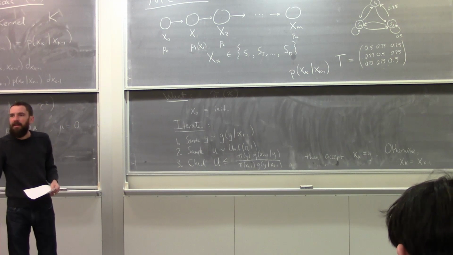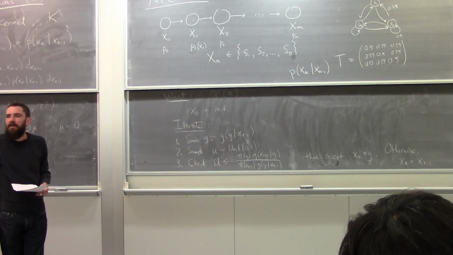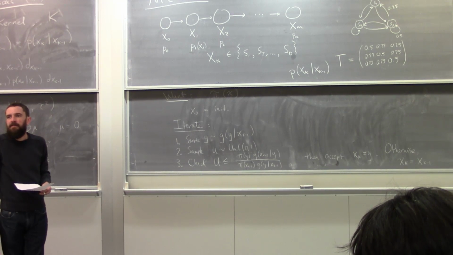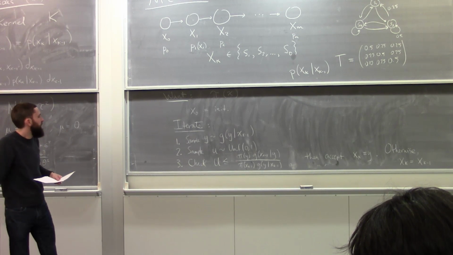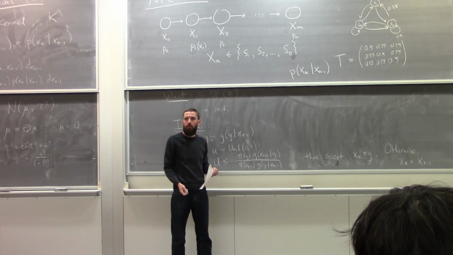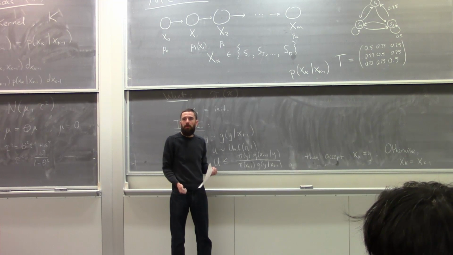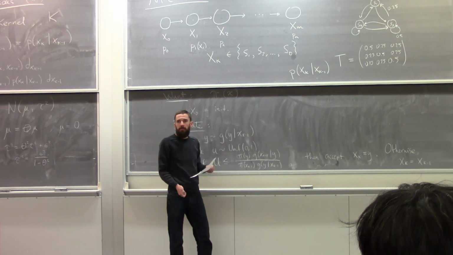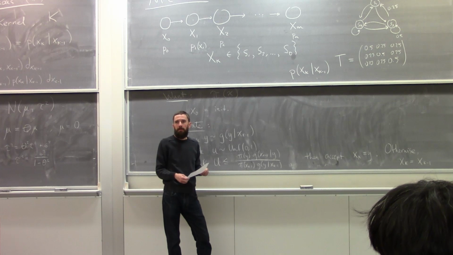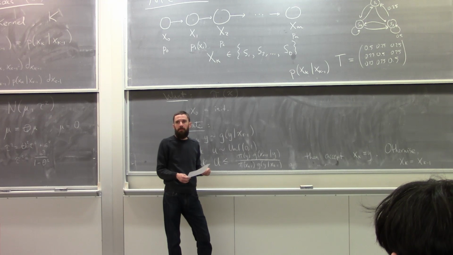We can look at the denominator as the probability to transition from x k minus 1 to y. This is the probability that we're going to transition to y. The numerator is from y to x k minus 1. If the denominator is larger, which means you can go from x k minus 1 to y, and therefore keep x k minus 1.